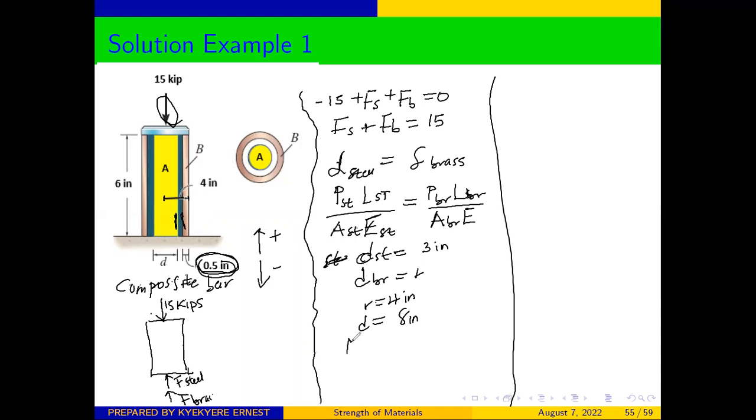So we can see that the diameter of the brass should be equal to the diameter of the whole structure, which we have indicated here as D, minus the diameter of the steel minus the diameter of the insulation. The thickness is 0.5.